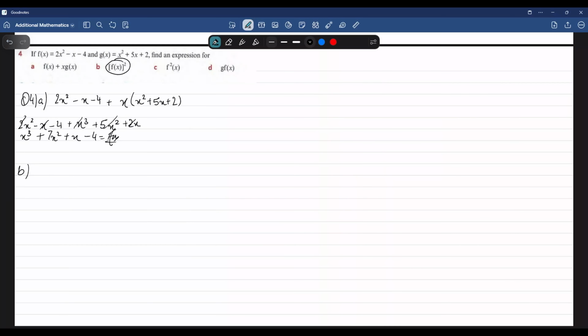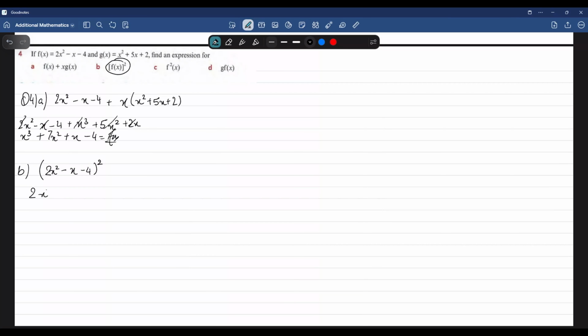For B, we have f(x) whole squared. Now, f(x) whole squared means we're going to say 2x squared minus x minus 4, and we square it as a whole. Okay, so now if I were to square this, I would just simply do the same thing I did previously. Systematic.